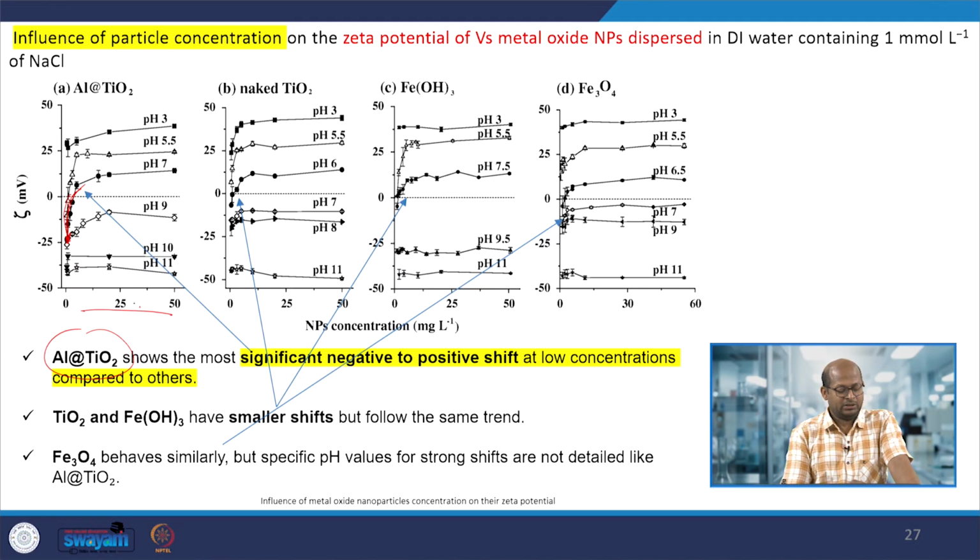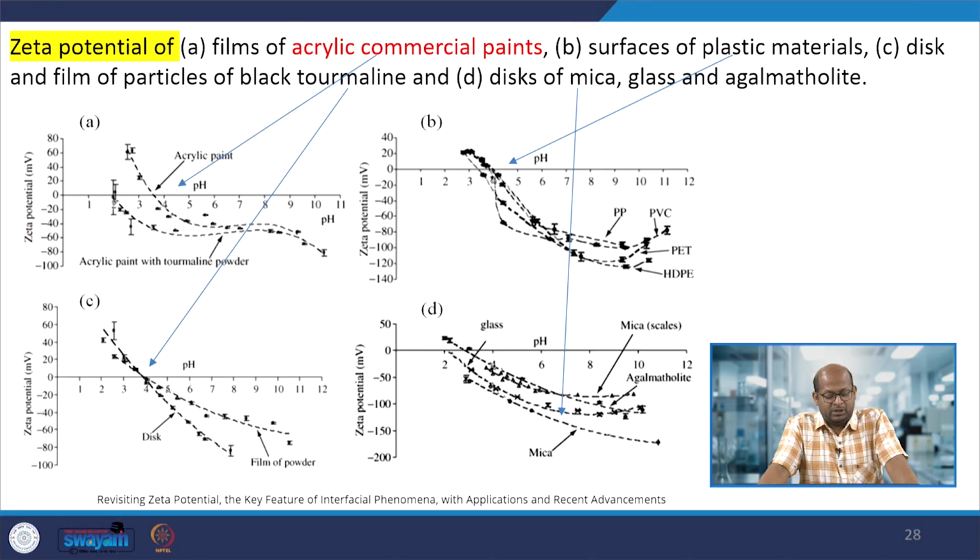If we increase the concentration of the solution, the zeta potential goes to 0, and then further it increases as the particle concentration increases. Either negative or positive, that also will change. In some cases it is affected abruptly, and in some cases no significant change is present.